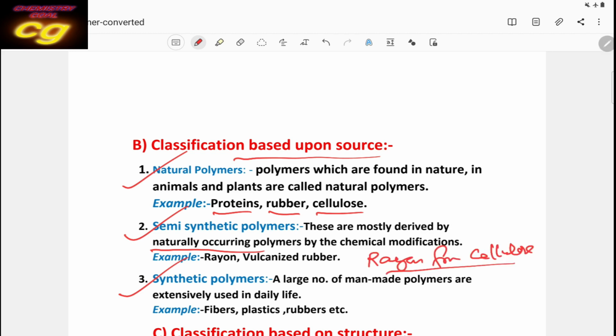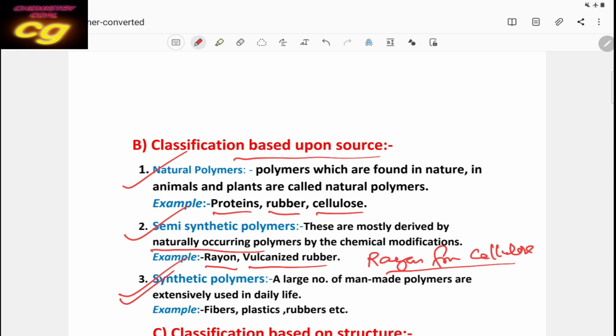Semi-synthetic polymer is mainly derived from naturally occurring polymer by chemical modification, that is rayon. Rayon is from cellulose. Vulcanized rubber is derived from rubber by adding some sulfur, and the quality is different.